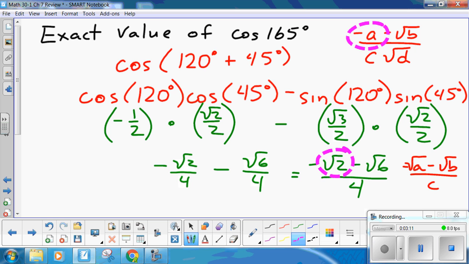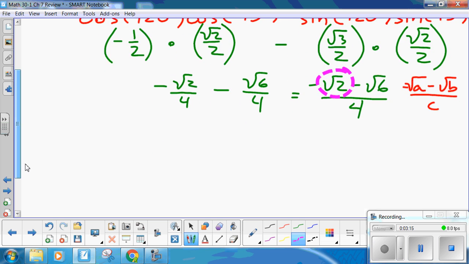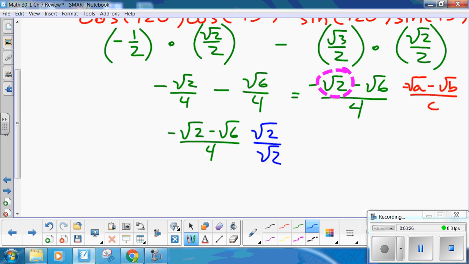So how do you get rid of a radical sign here? Well, my thought, why don't we multiply top and bottom by root 2 to get rid of root 2.